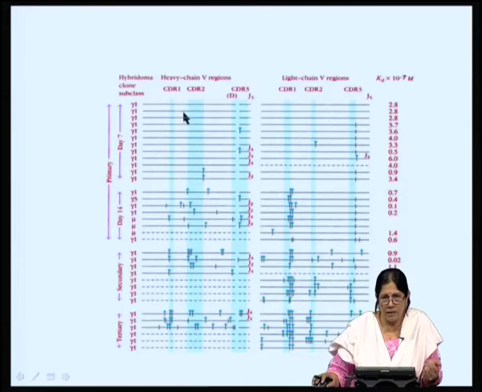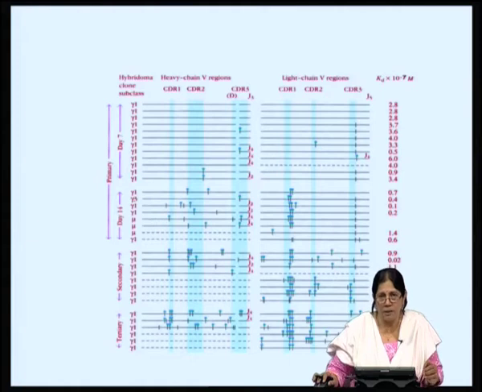They got several cell lines, several hybridoma, and I have not introduced hybridoma, but I would like to just mention hybridoma are those cell lines which are generated by fusing a B cell with a myeloma cell. So, that now the B cell becomes immortal, the antibody producing B cell.